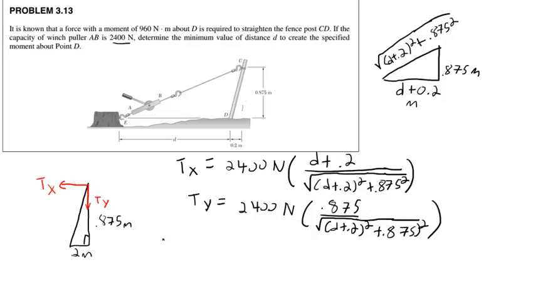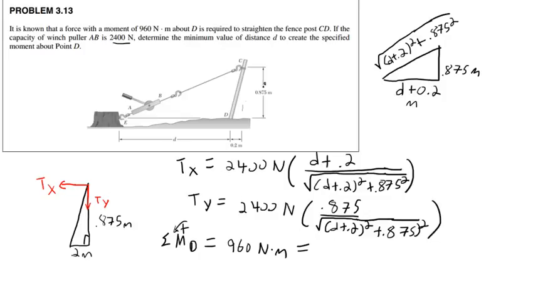Now, I can say the sum of moments about D, counterclockwise positive, in this case is equal to 960 newton meters, which is equal to Tx.